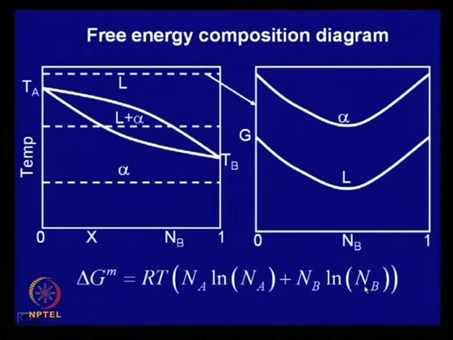Let us consider this is any solution, whether liquid or solid, this relation will be valid if the solution is ideal. And let us consider an ideal system, we will come back to it again. What do we mean by ideal system? Let us consider at this temperature the free energy composition diagram. Now, here if you try to plot this free energy composition diagram, it will come out to be like this.